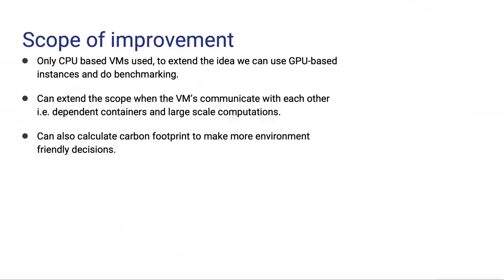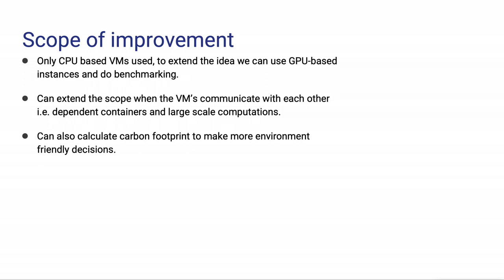For the scope of improvement, I observed that only CPU-based VMs are used in the analysis, and I believe that with machine learning and deep learning applications gaining traction on the cloud marketplace, GPU level benchmarking could also be done at an application level, which can increase the scope of the problem statement altogether.